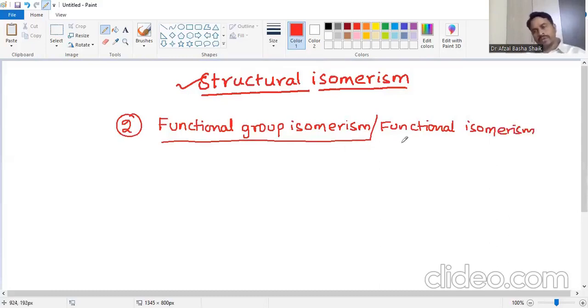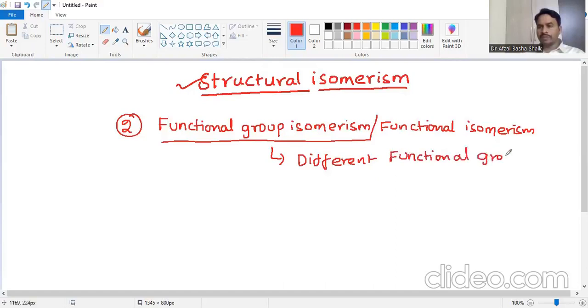Already we have explored the structures previously, and functional group isomers generally have the same molecular formula. Then only we'll call them isomers. Different functional groups. Previously we have seen one example, that is C2H6O.